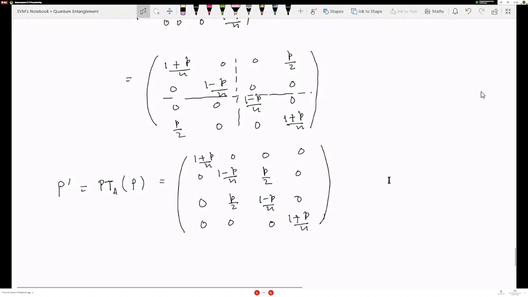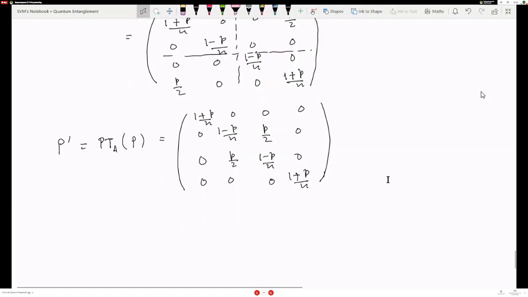Now we have to ask whether this particular matrix is positive or not. So we have to check if rho prime is positive.